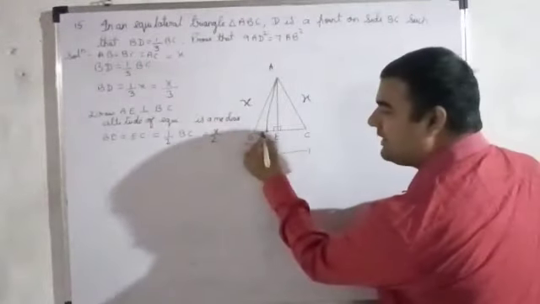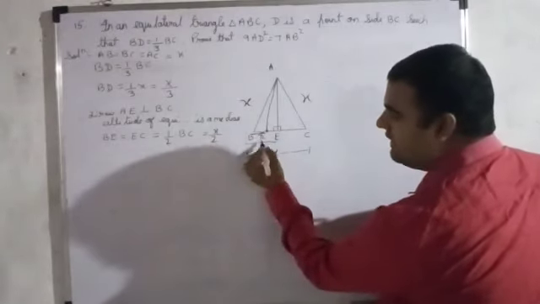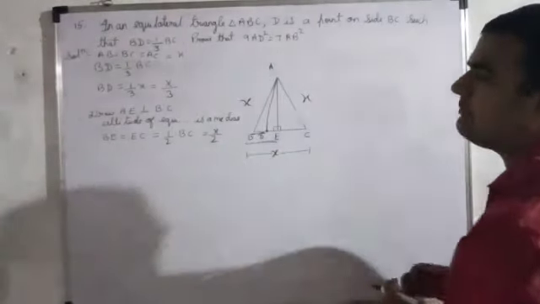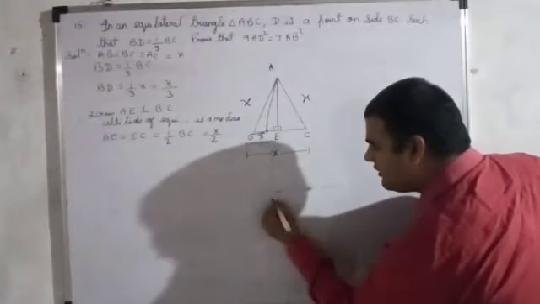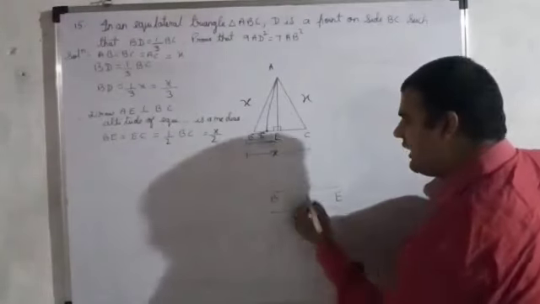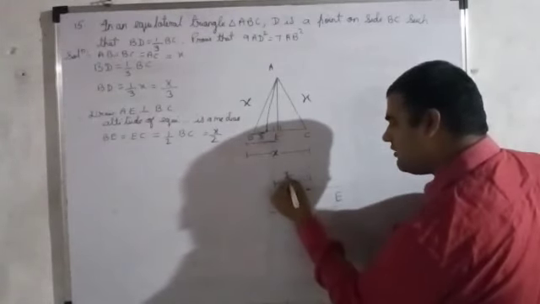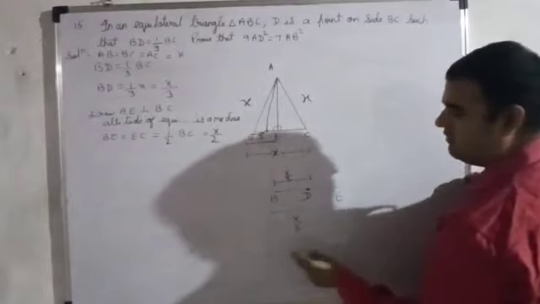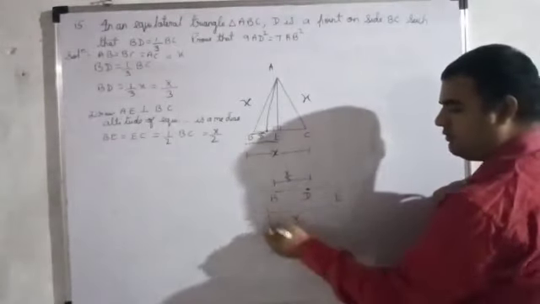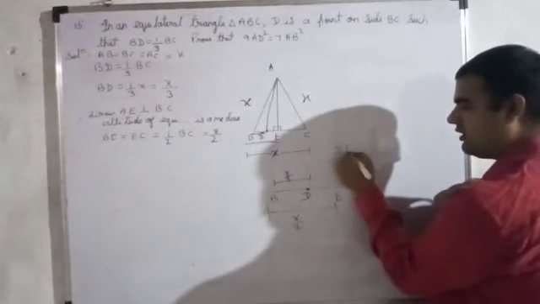Now we got BD. BD is x/3 already, and BE is x/2. See, I am drawing here. This is B. Suppose this is x/2, and this is BD, x/3. I want DE. Very important.